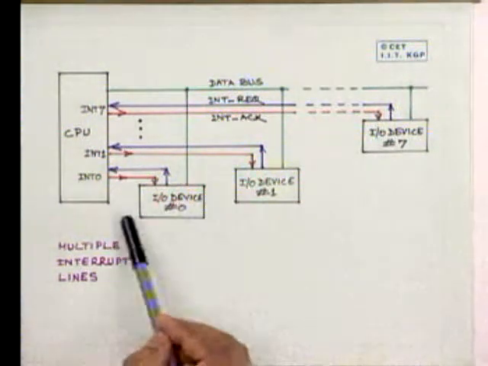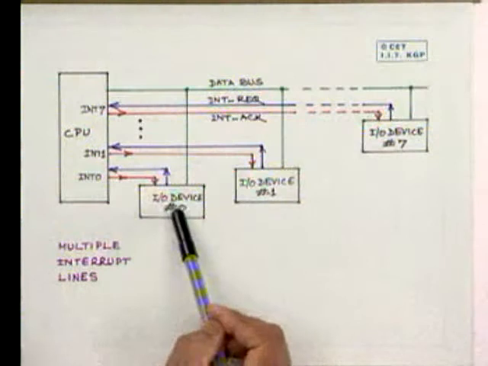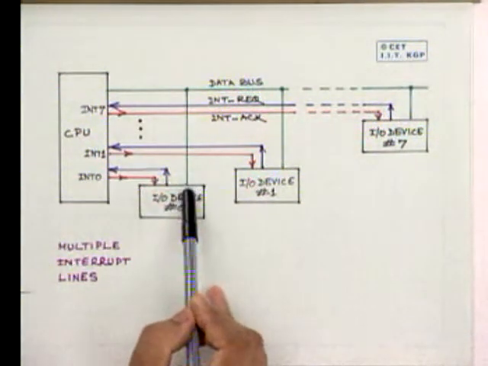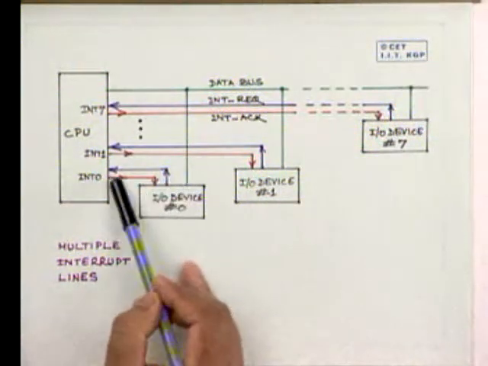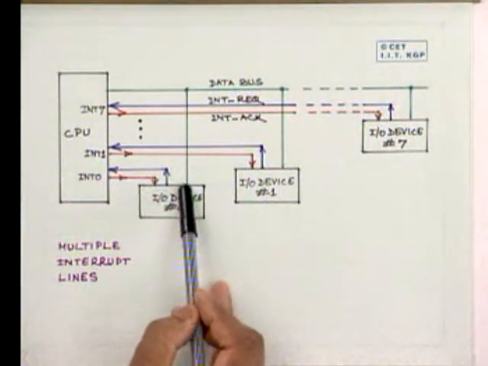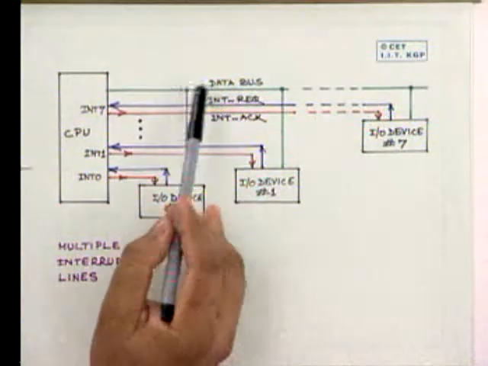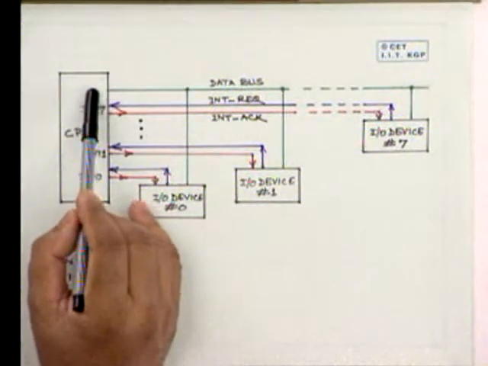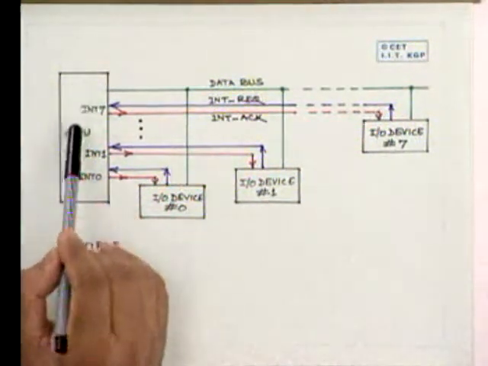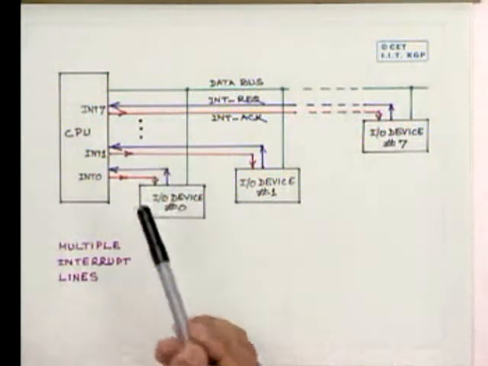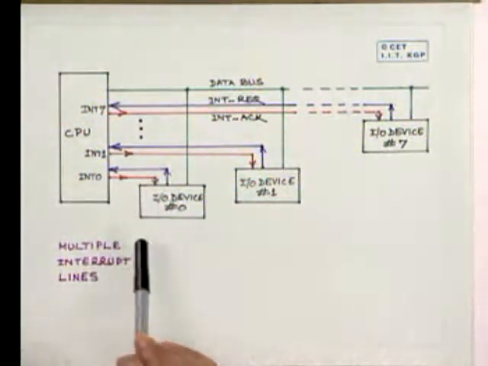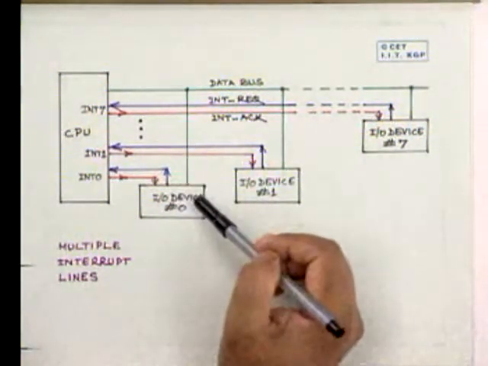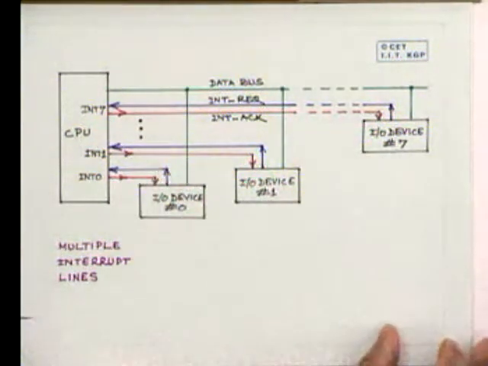So if you have many devices, it's better that on getting an interrupt acknowledge signal, the device that is interrupting and whose interrupt has been acknowledged first sends the address of the interrupt handler to the CPU, so that execution of the interrupt handler at that address starts. This is called vectored interrupt, and we'll have some more discussion on that. This is one way of tackling more than one device.